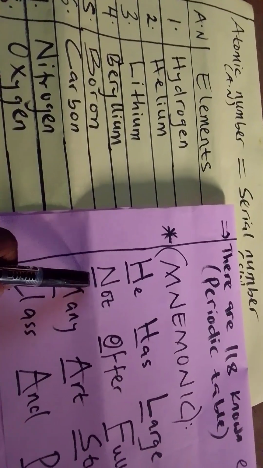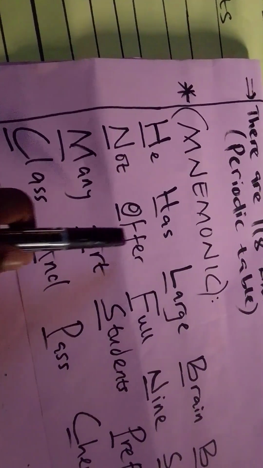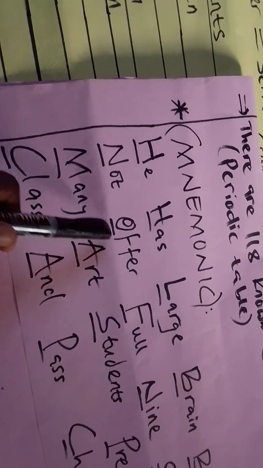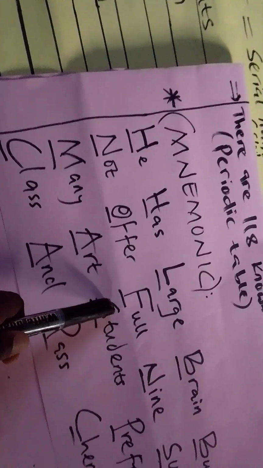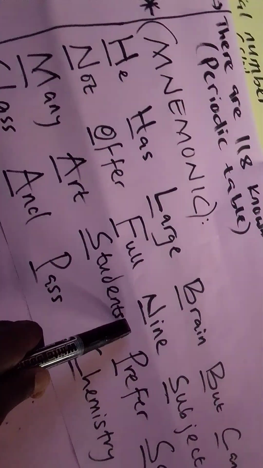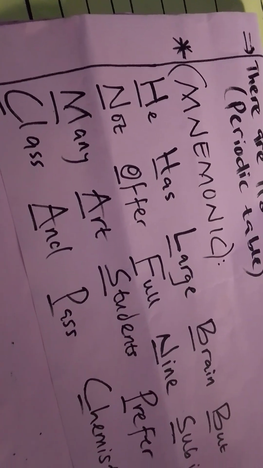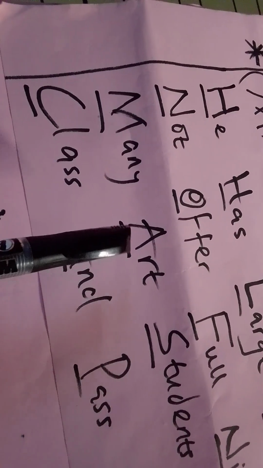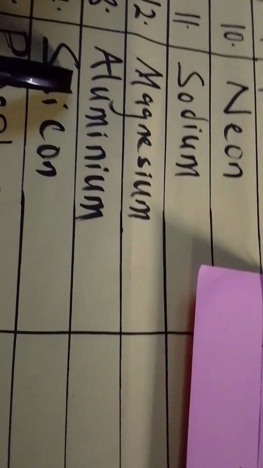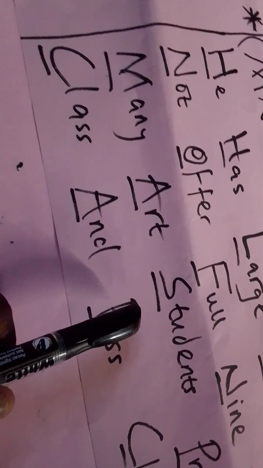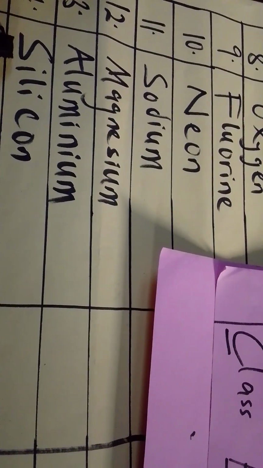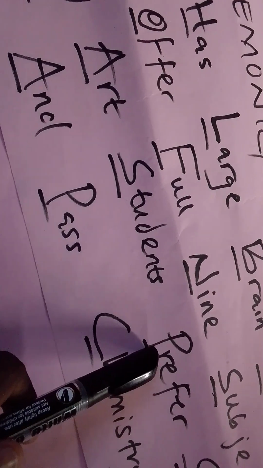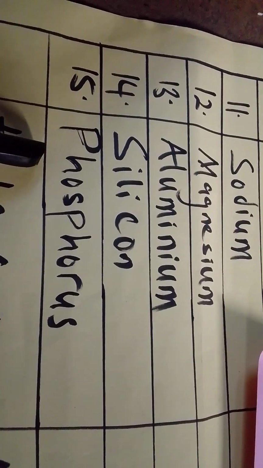Also, Not to be your nitrogen. Offer, the first letter O to be your oxygen, the first letter F to be your fluorine, the first letter N here to be your neon, and the first letter S here to be your sodium. Also, the first letter M to be your magnesium, and the first letter A to be your aluminium, and also Students, the first letter S to be your silicon, and also Prefer, the first letter P to be your phosphorus.